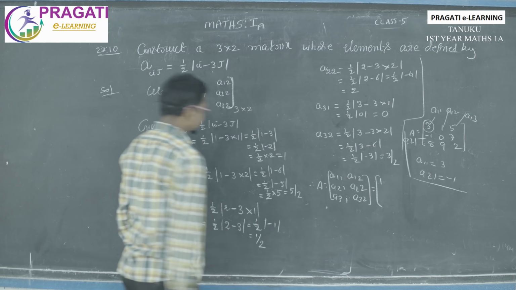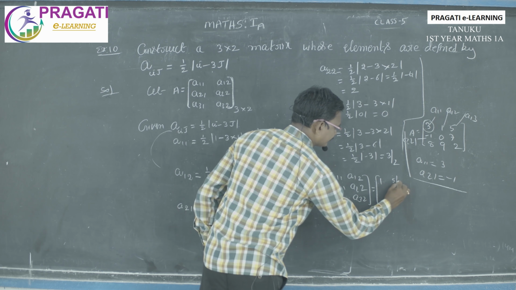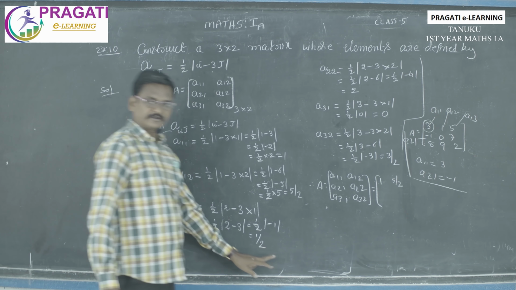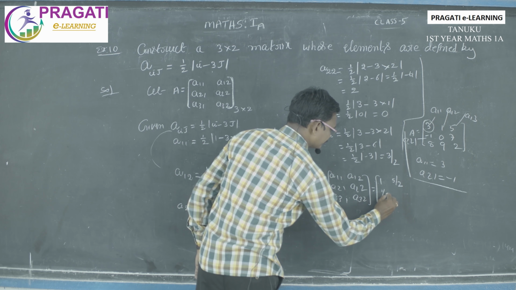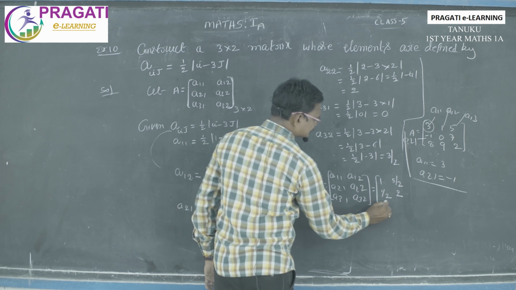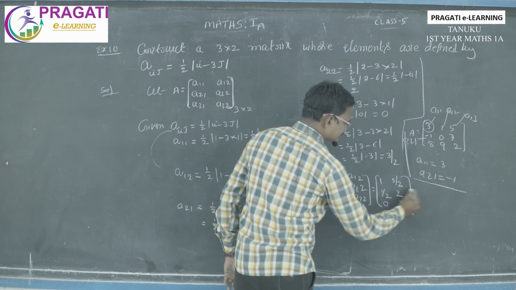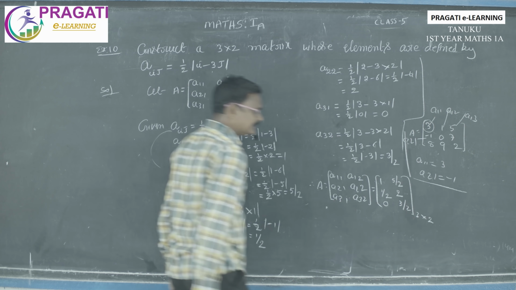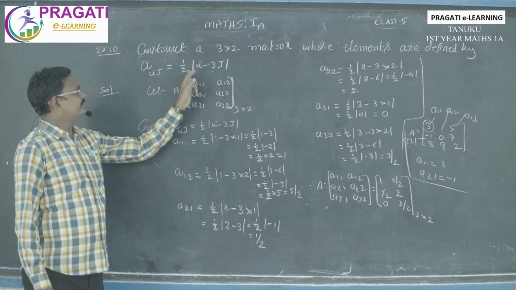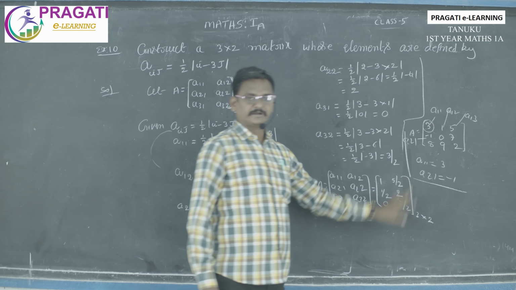A12 value is 5 by 2. And the next A21 value is 1 by 2. A22 is 2. Next one value is 0. Next one value is 3 by 2. So finally, the 3 by 2 matrix whose elements are defined by a_ij equals 1 by 2 modulus of i minus 3j, these are the required matrix.